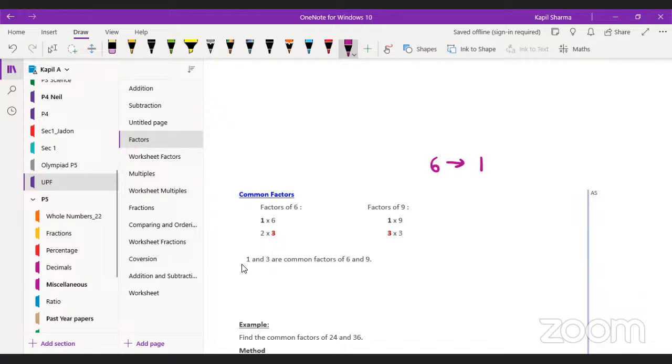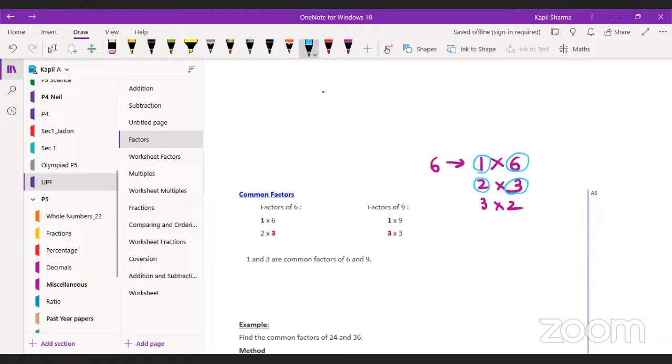Factors which on multiplication give the given number. Okay, so 6 can be written as 1 times 6, then 2 times 3. After that, it's 3 times 2, but we got the same pair. So these are the 4 factors of 6. 1, 2, 3, and 6.